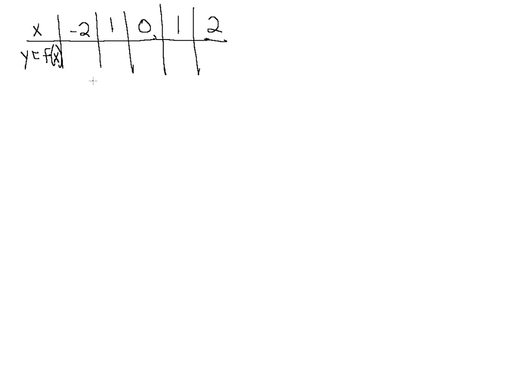And the y values, or the f of x values, are 4, 1, 0, 1, and 4. So this is a relation, and I guess I shouldn't have written this as f of x because we're determining if this is a function, and f of x is functional notation, so I don't want to confuse you there. So let's just say our x and our y values are described by this table.